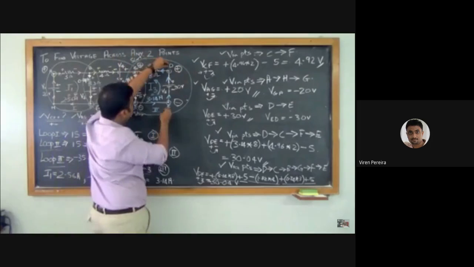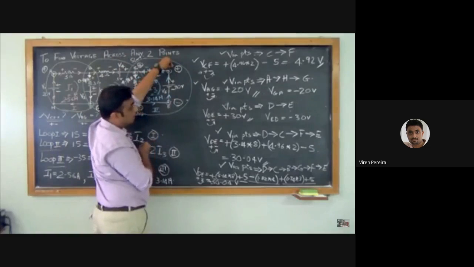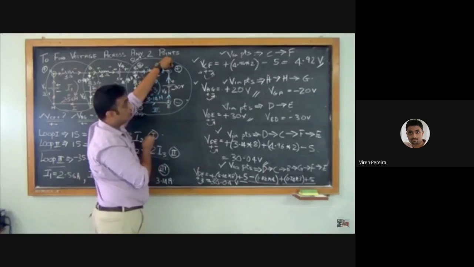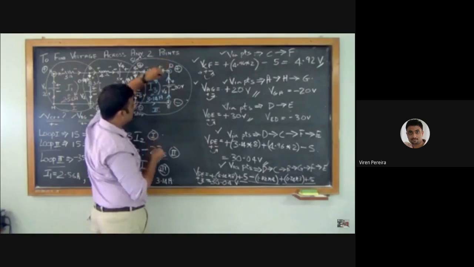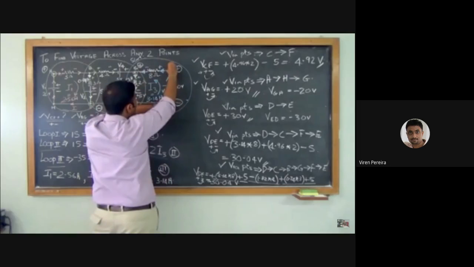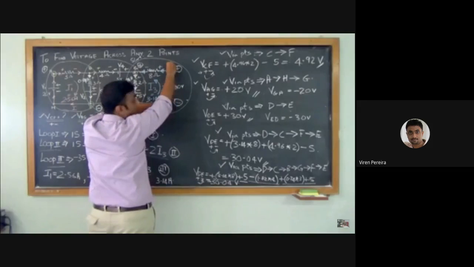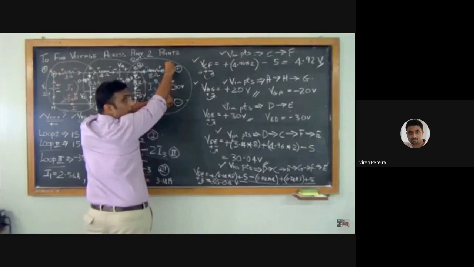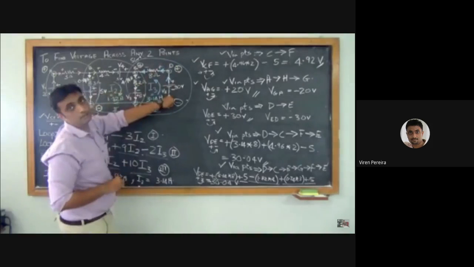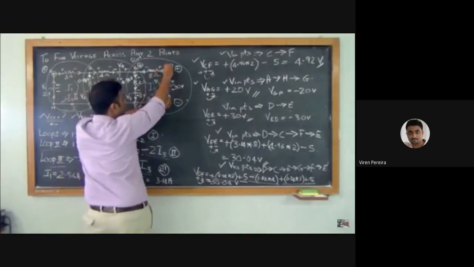So if my VDE equals 30 volts, obviously my VED will be equal to minus 30 volts. Why will it be minus 30 volts?